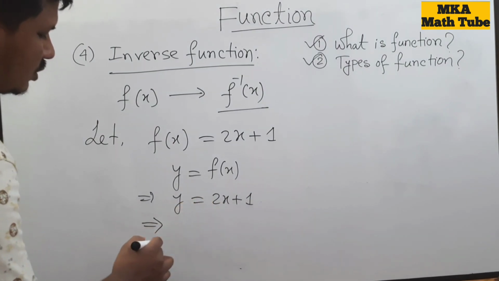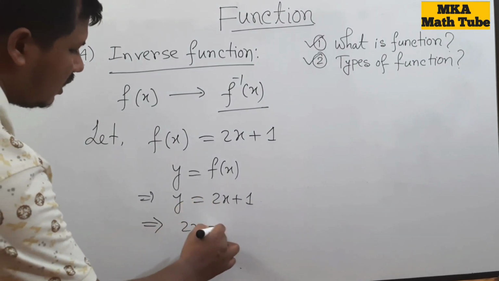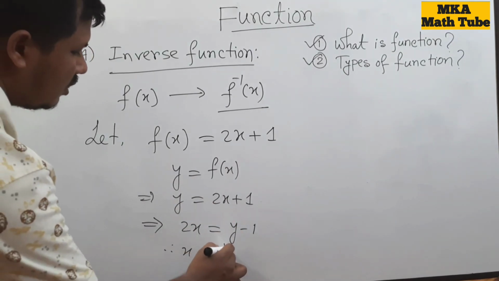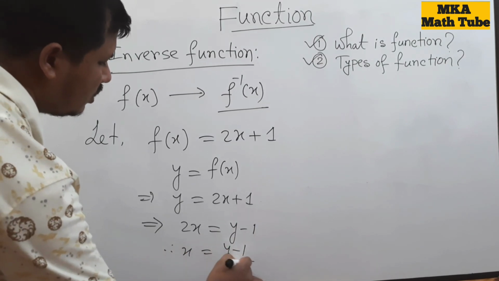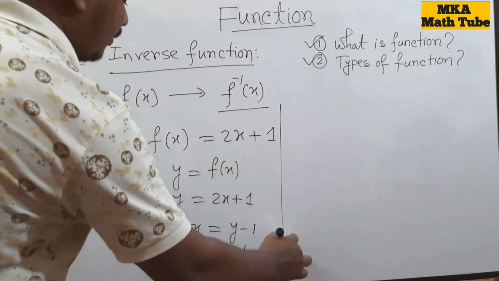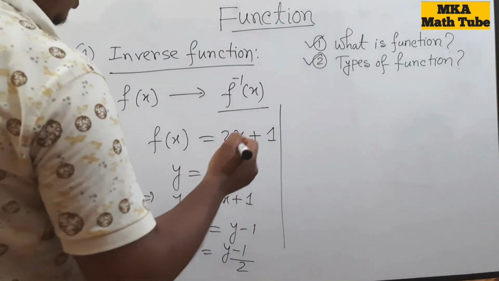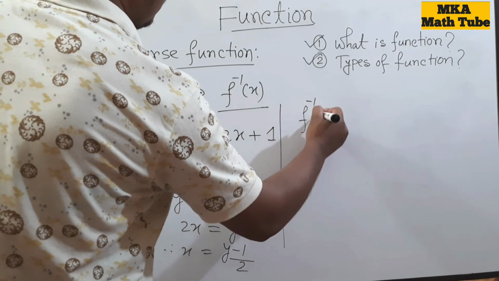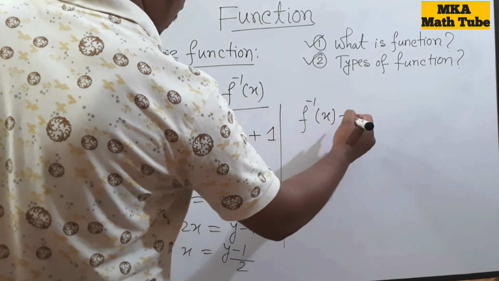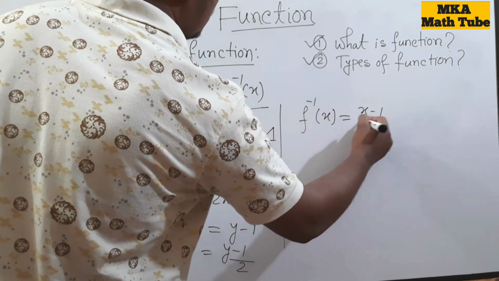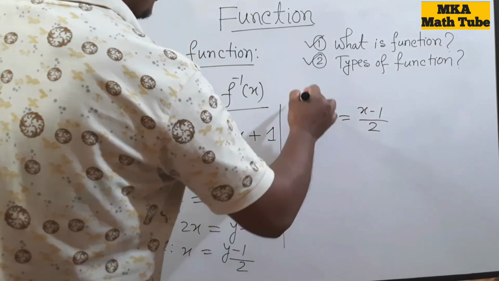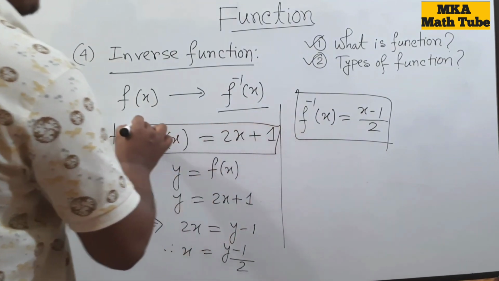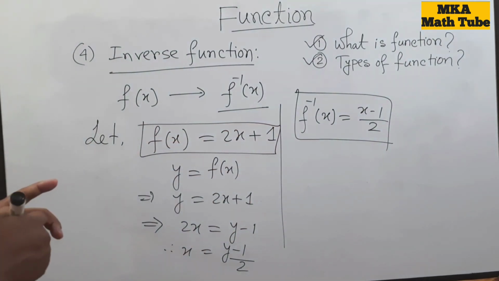If we do some calculation, we get 2x = y - 1, and finally x = (y - 1)/2. Finally, if we replace y with x, then we get the inverse function f⁻¹(x) = (x - 1)/2. So this is the inverse function of the given function f(x) = 2x + 1.